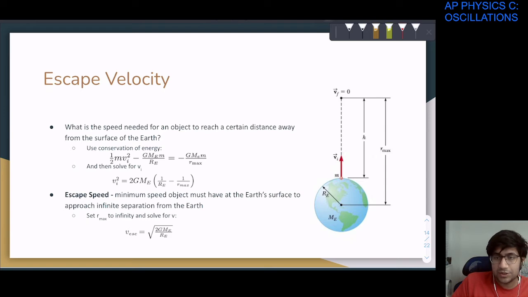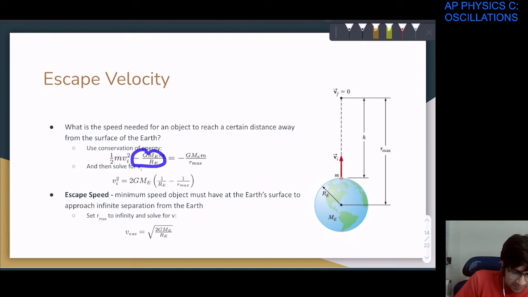Now, to solve this, we can use conservation of energy, and we say that the kinetic energy is 1/2 m times vi squared, and this comes from the fact that if you imagine like a rocket, for example, on Earth, it'll have some initial velocity vi, but there's also this potential energy component because there's the attraction between the two bodies, and the distance between them is the radius of the Earth.